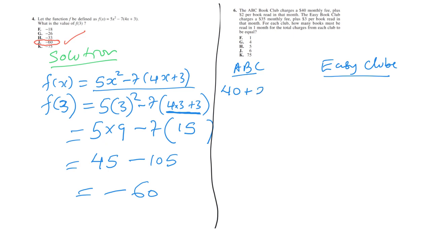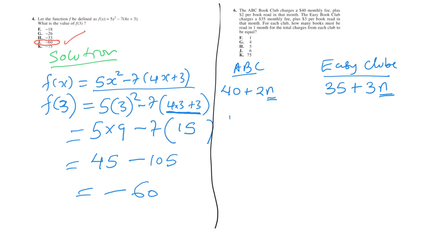This will be 2 times N. And for the other club, they will charge you 35, that is the monthly fee. Then they are charging you $3 for each book, 3 times N. But there is a particular number of books, on both sides, which is exactly the same, that makes the costs exactly equal.